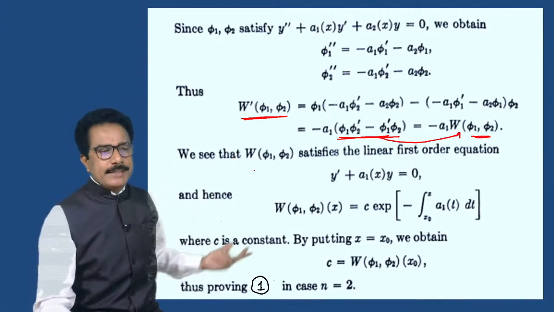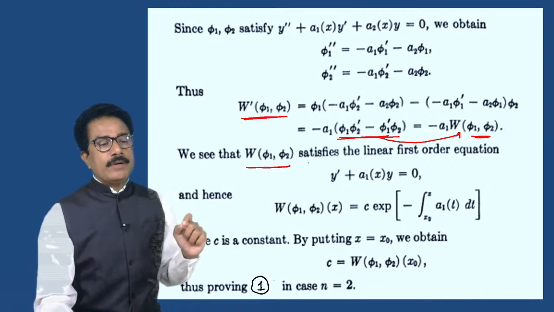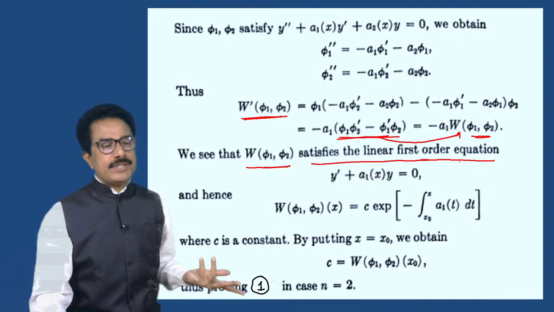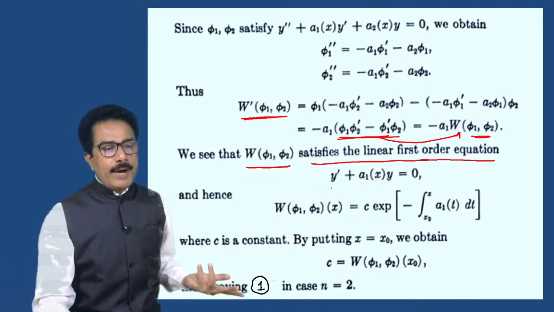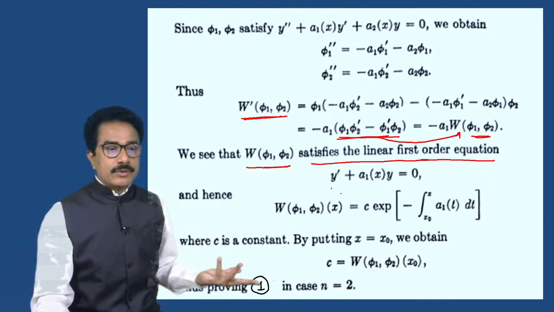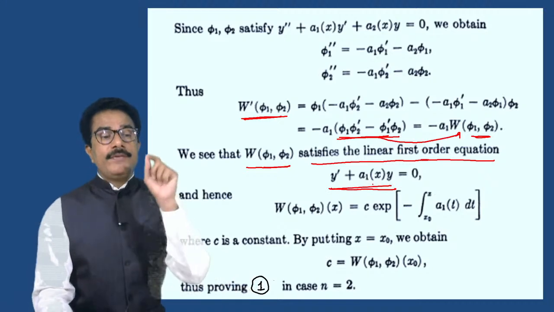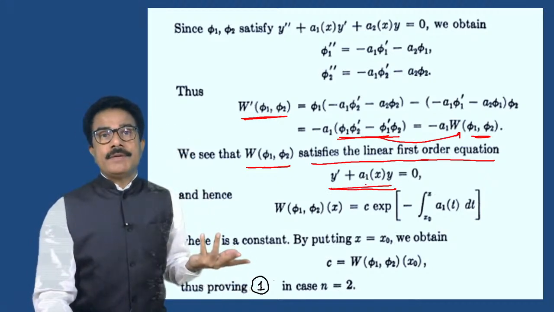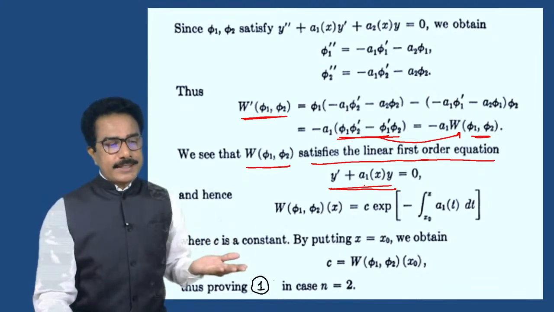We know that the Wronskian satisfies the linear first order differential equation y dash plus a1 of x y equals 0. According to the solution of a first order linear differential equation, the solution is c times e raised to the integral.